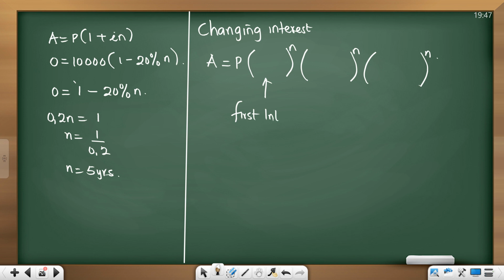Interest, second interest, if it's changing, third interest. This one is the duration of each interest.